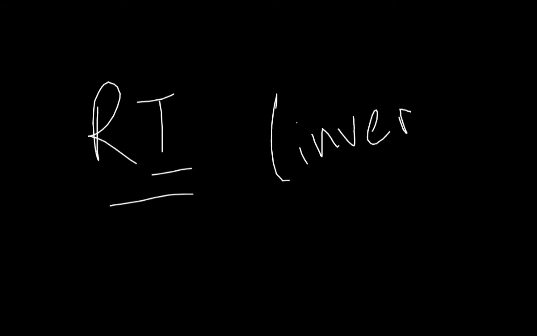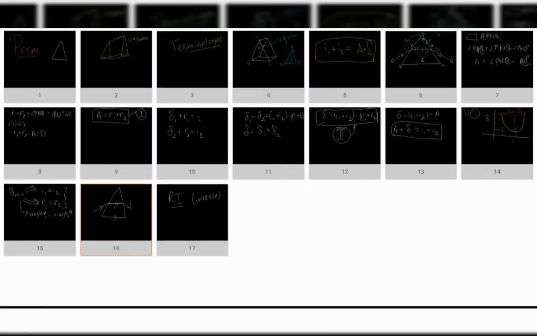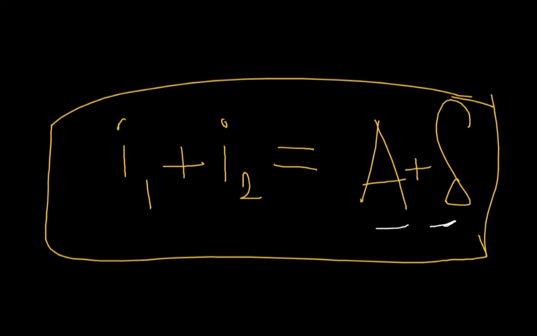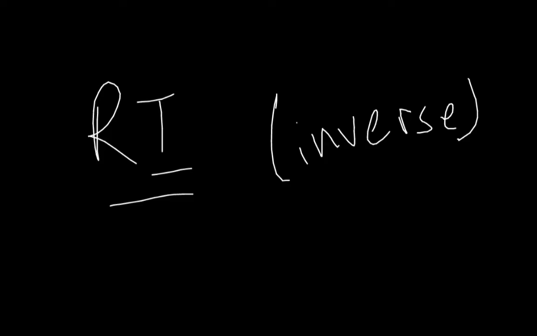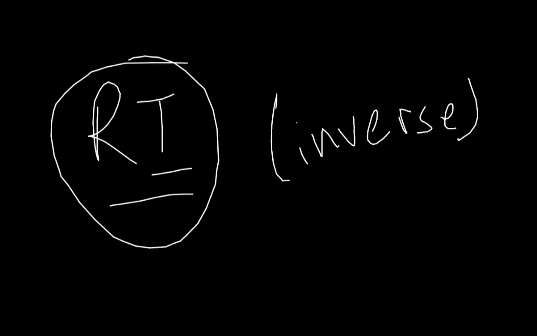Lower the RI, maximum the deviation. Dependence of the angle of deviation on the angle of prism, you can easily see this is the formula. So obviously this depends on this, no? Then wavelength of light depends on RI, so obviously it has to depend on wavelength of light also, no?